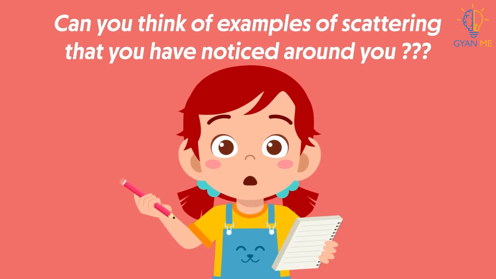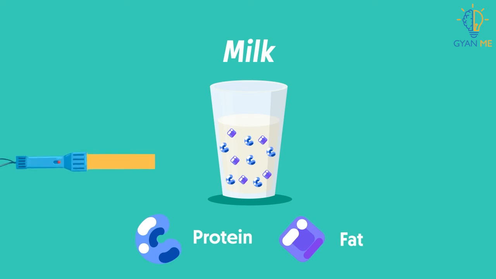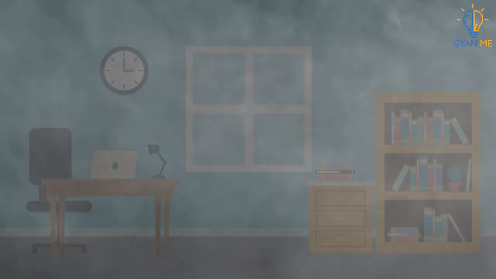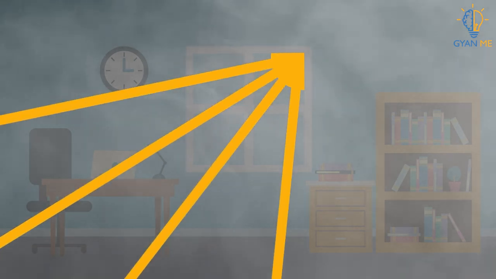So now can you think of examples of scattering that you have noticed around yourself? I'm sure you must have. Milk is a colloid that contains globules of fat and protein, and it is a solution which shows this scattering effect. When a beam of light is directed at a glass of milk, the light is scattered and you can see its path. This phenomenon is seen when a fine beam of sunlight enters a fog-filled room through a small hole.